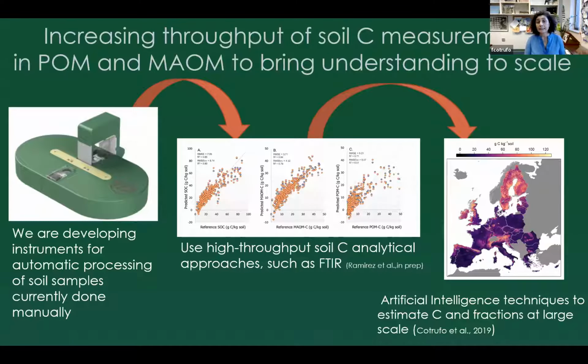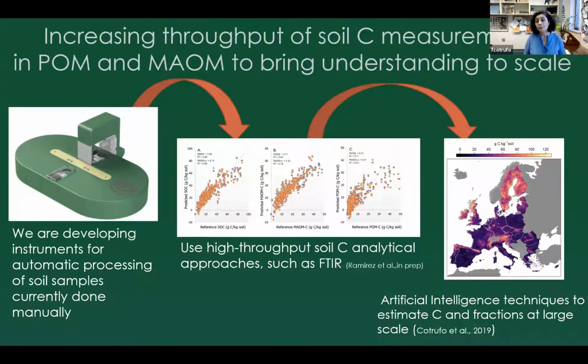And so that's another area that we are pointing to in our lab, trying to see how we can increase the throughput of those analyses that, if any of you has ever done them, are actually very time consuming. And so on one hand, we are working with Seed Zero, Collins, to try and engineer and automate the operation so that we can have an instrument that does the density separation, which is the most tedious step in the fractionation.